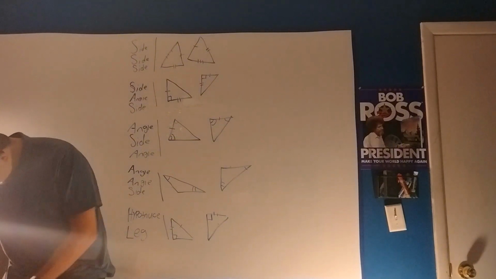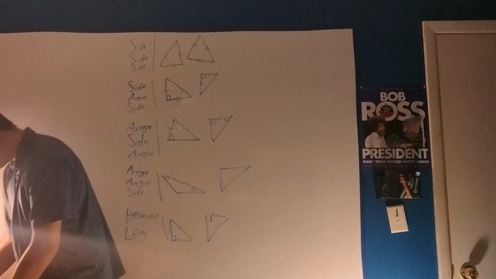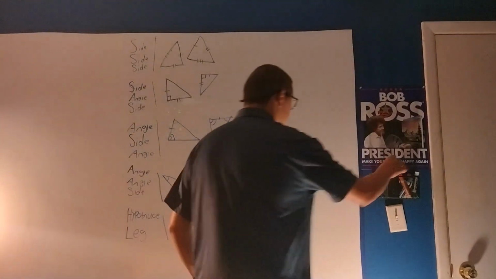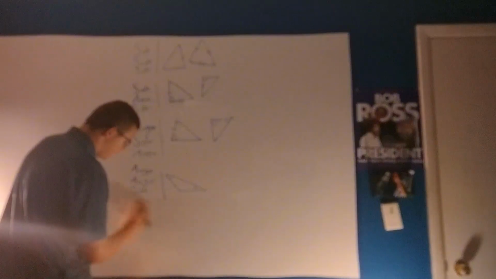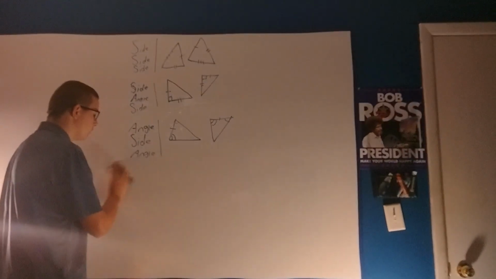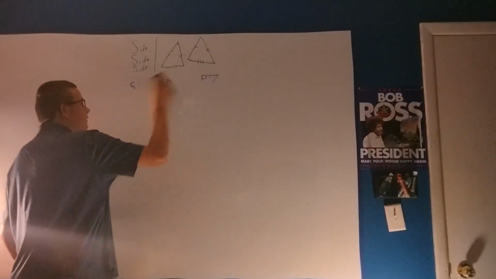And with that, we're going to get into some examples here, using what we learned in Chapter 2 to prove triangles are congruent using these congruency proofs here. So give me just a second to erase all this.